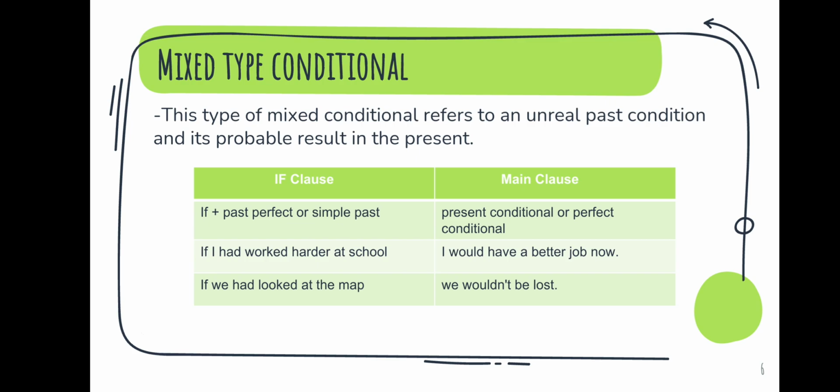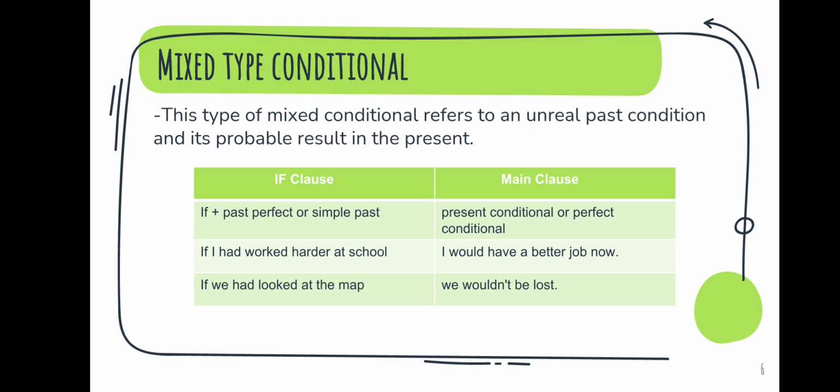In this type of mixed conditional sentence, the tense in the if clause is the past perfect and the tense in the main clause is the present conditional. As in all conditional sentences, the order of the clauses is not fixed. You may have to rearrange the pronouns and punctuation when you change the order of the clauses, but the meaning is identical.